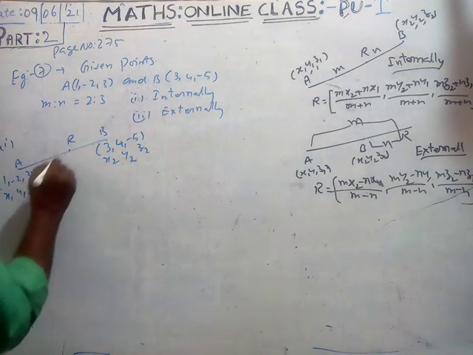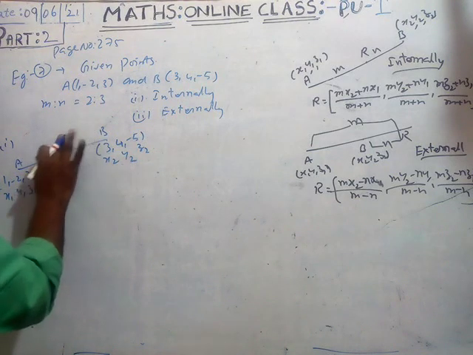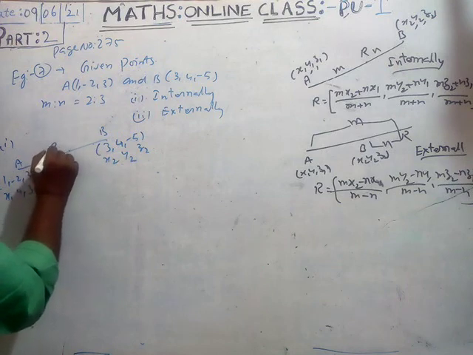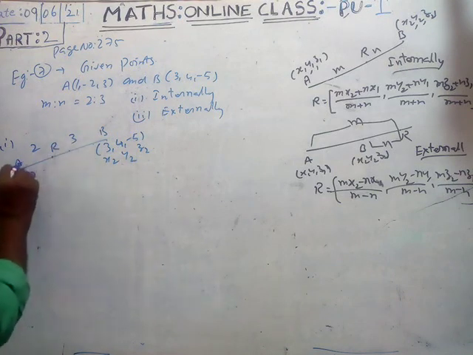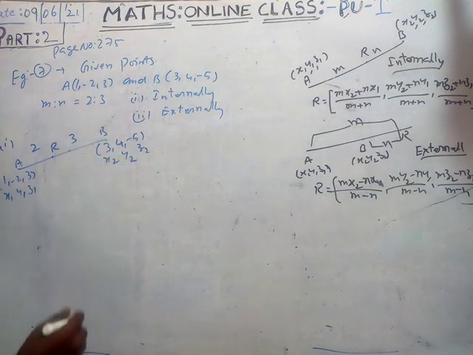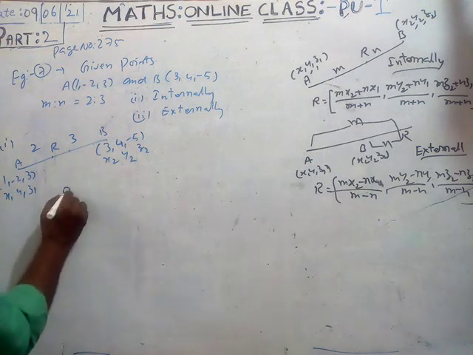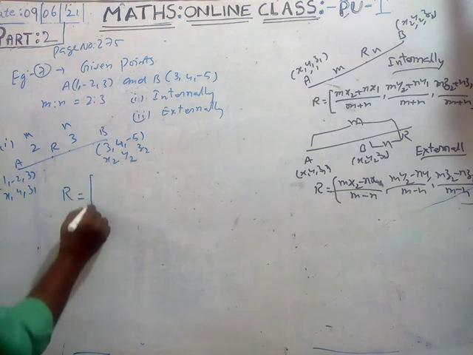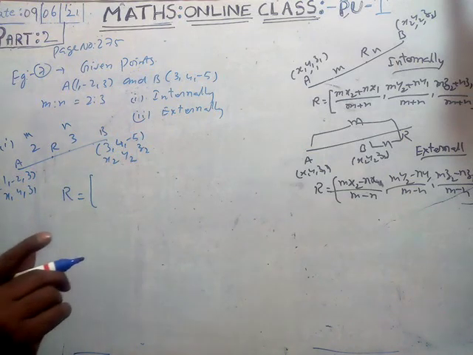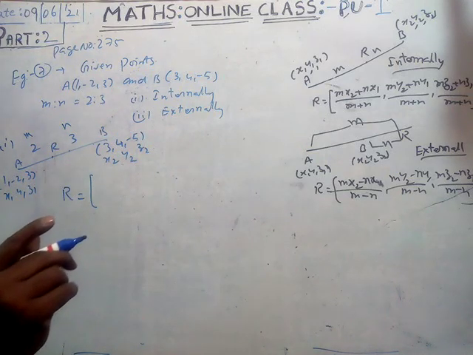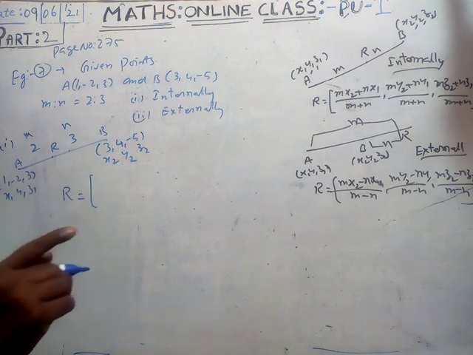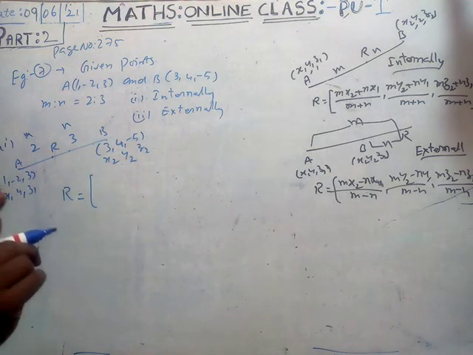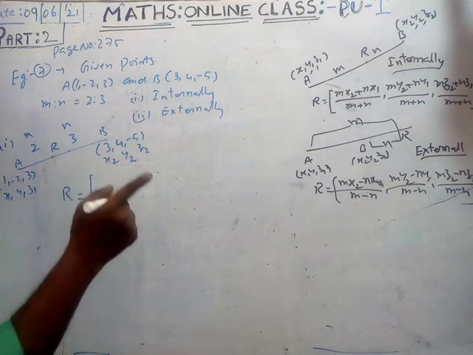But R is an internal point in the 2:3 ratio. This is 2 units and this is 3 units. Every time you solve a problem, you must write what formula you are applying.